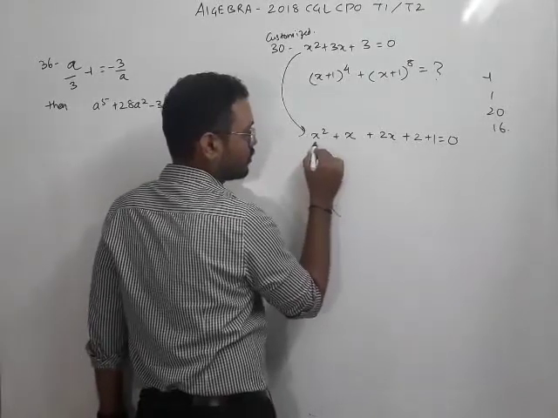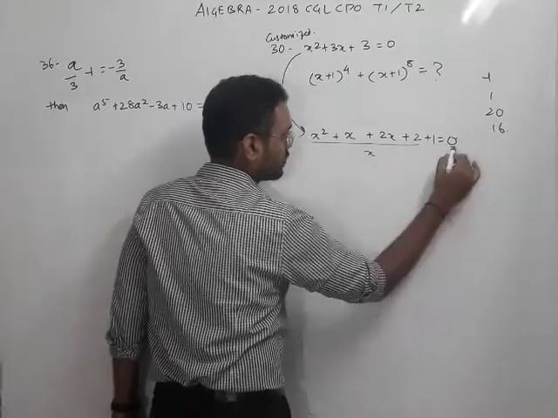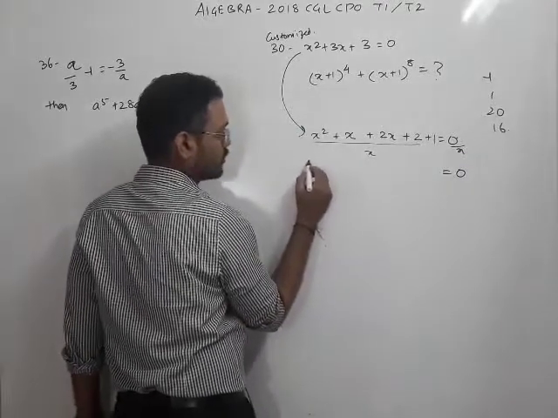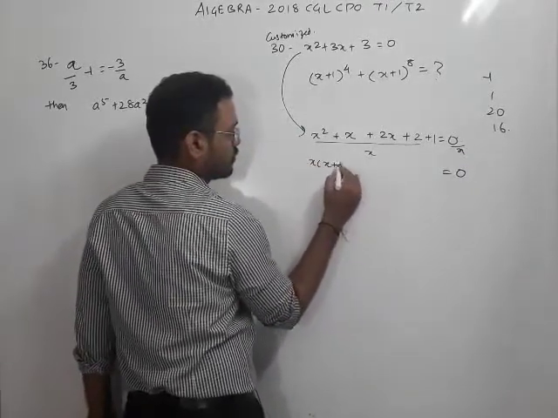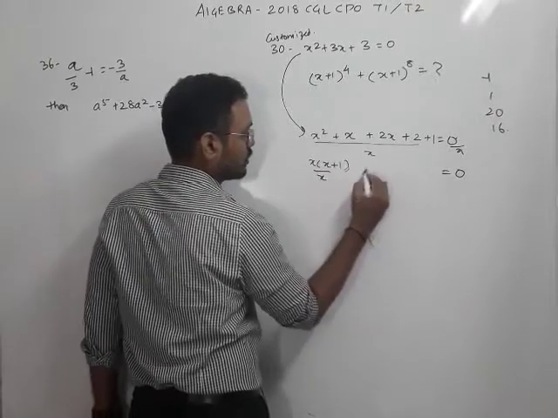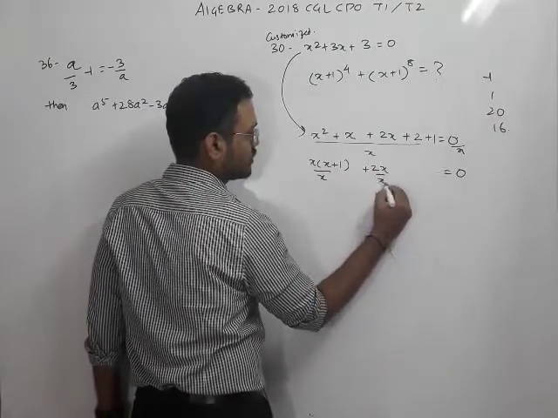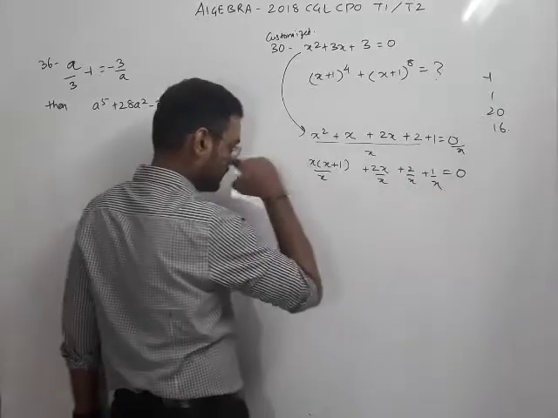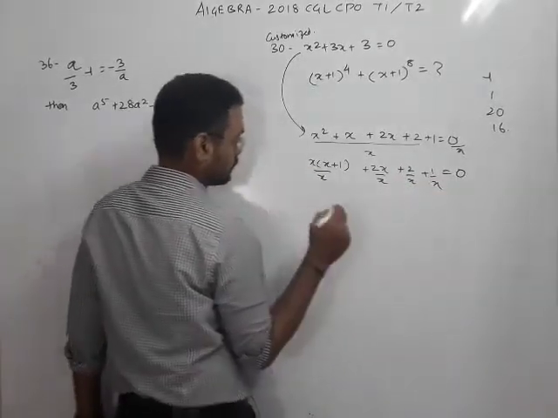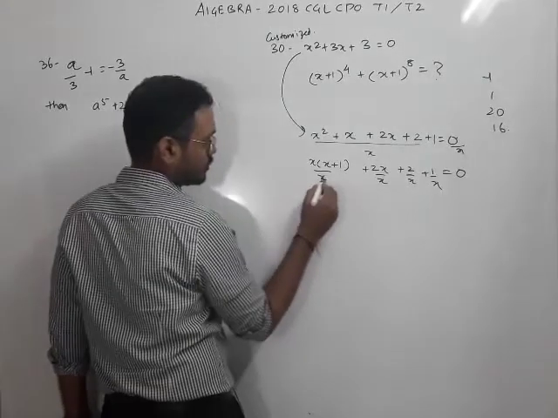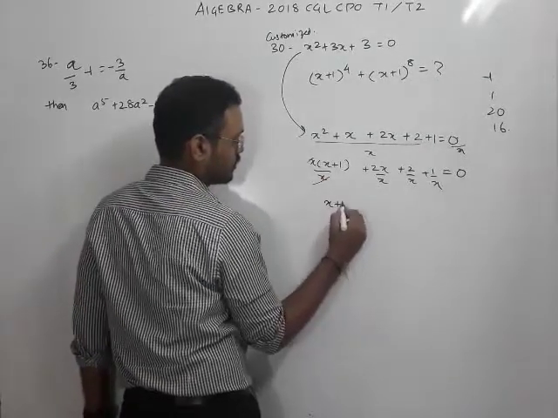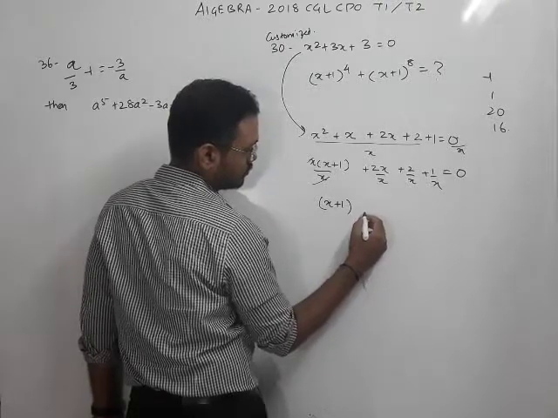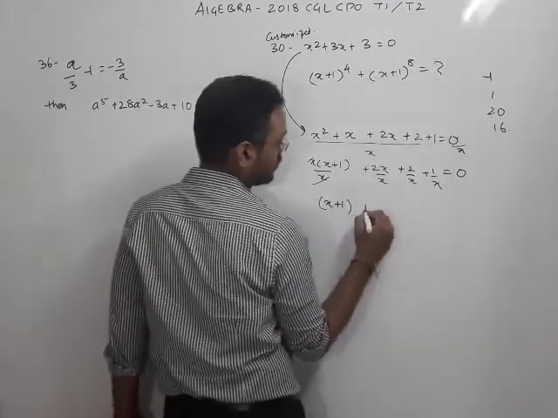If I divide now the entire equation by x, this will still remain 0. This will become x common, x plus 1 upon x, plus 2x by x, plus 2 by x, plus 1 by x, which is x plus 1. This is going to be 2.